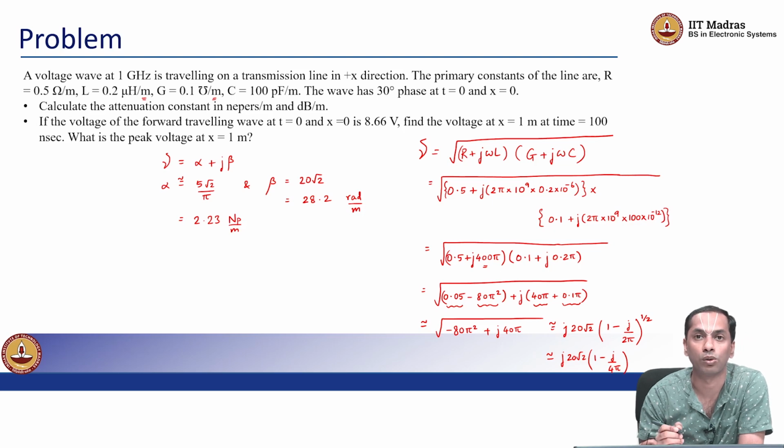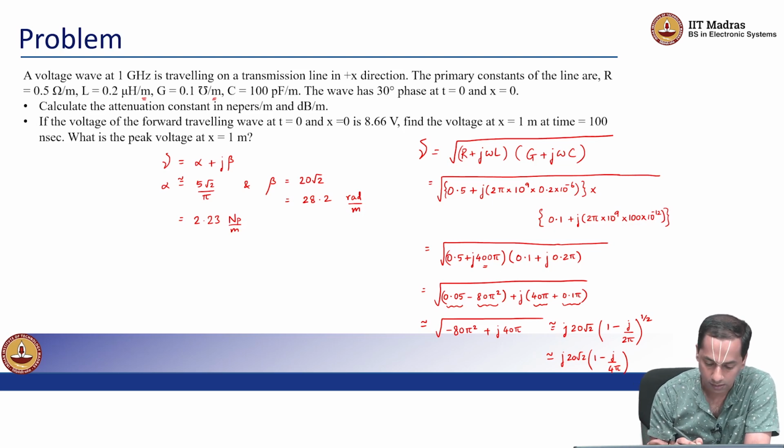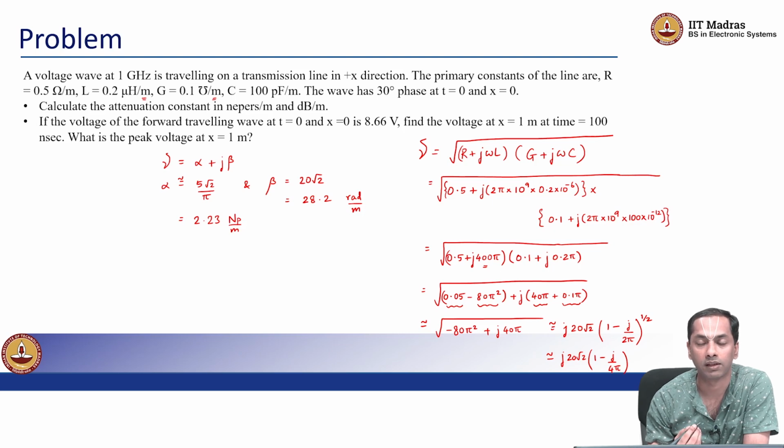Now if I would like to go to dBs per meter, that is where I need to convert this number, right. So dB per meter is a unit that is often used when you are looking at powers at different points along the transmission line. So you would like to know how much power loss you've had, rather than knowing this alpha.